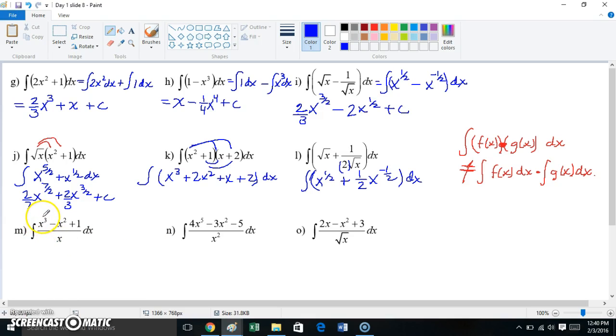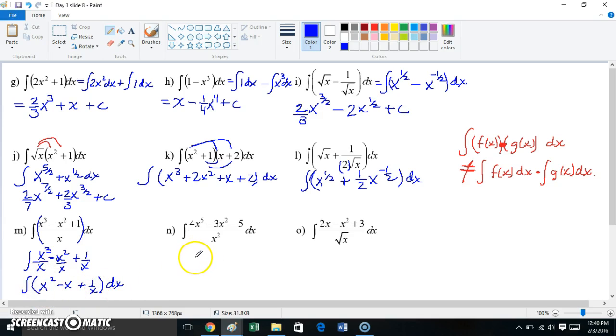Okay, what are we going to do if we have a quotient? So we have a function divided by x. Okay, remember those fractions can be broken up. So let's rewrite the fraction as x cubed over x minus x squared over x plus 1 over x. So that will be the integral of x squared minus x plus 1 over x.